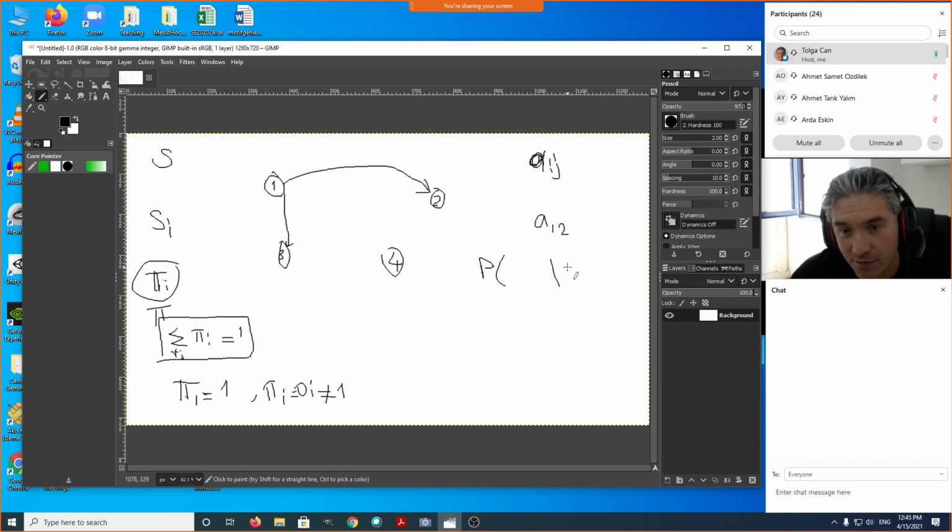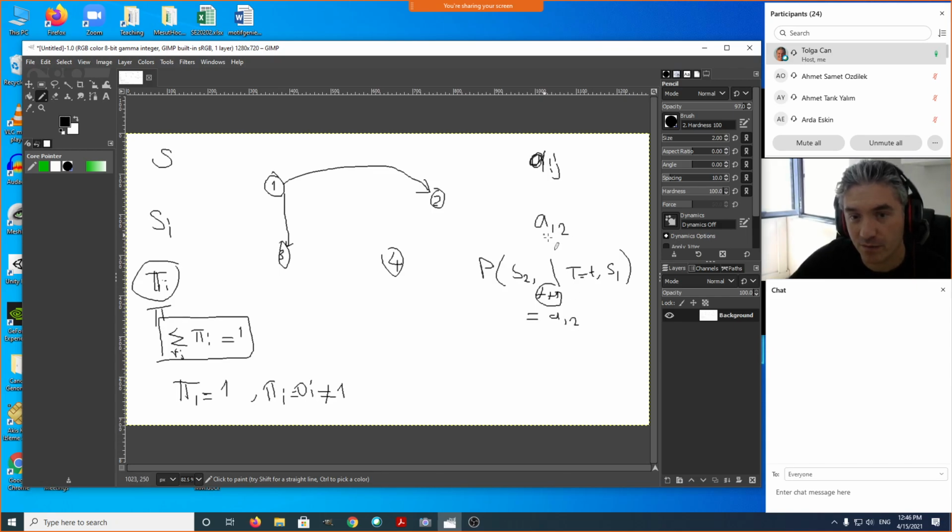For example, given that we are currently at time t and we are currently at state 1, the probability that we are going to be at state 2 at time point t plus 1, in the next time step, is given by this probability A12.